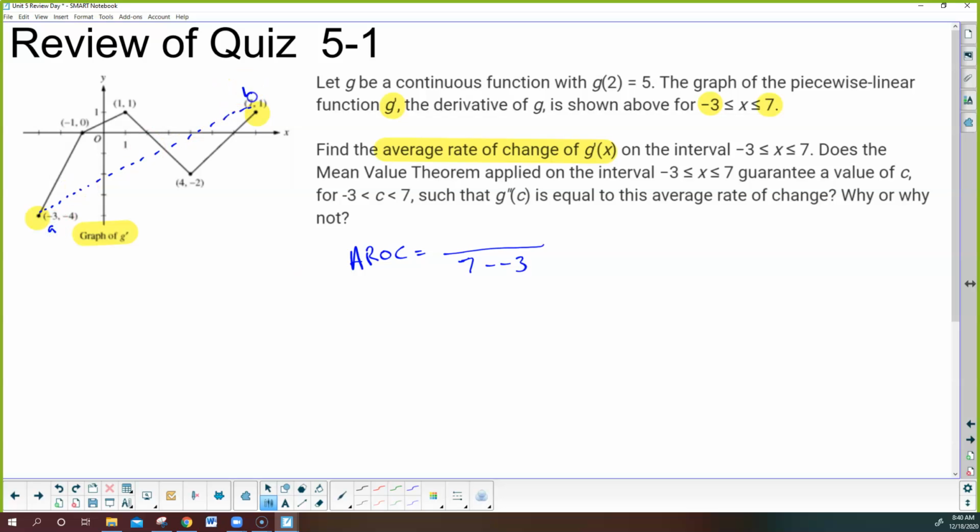Some people like to call it a and b, so it's the difference of b minus a over the difference of y values, so f of b minus f of a. And if you do that, you end up with 5/10, or 1/2. You got 1 point if you said the average rate of change is equal to 1/2.